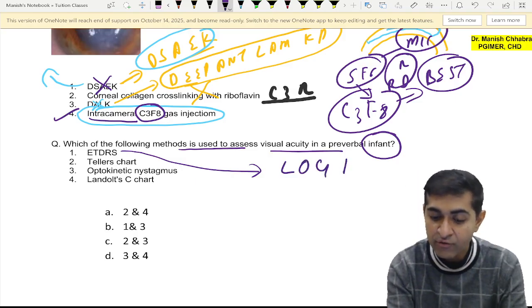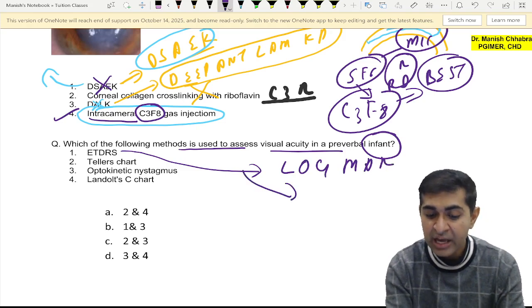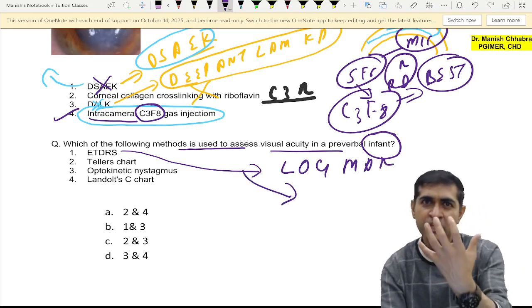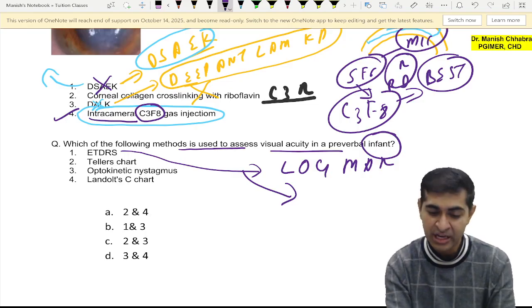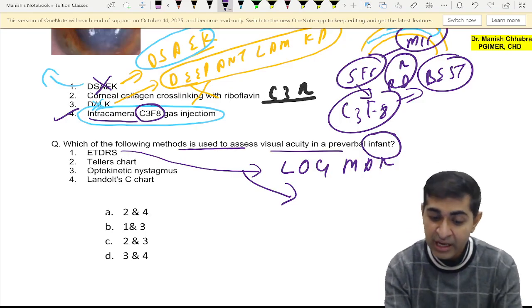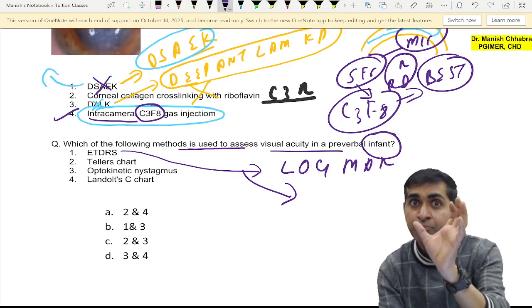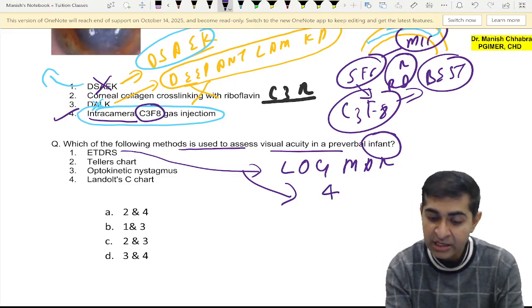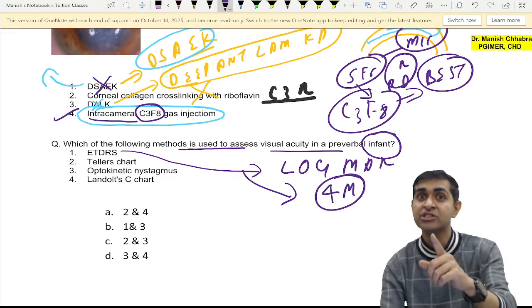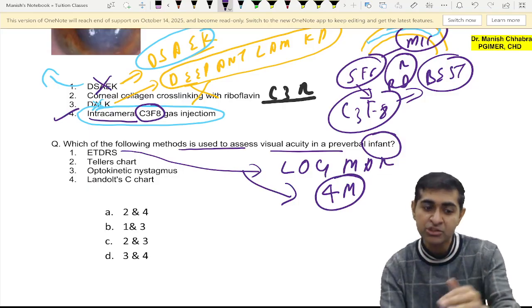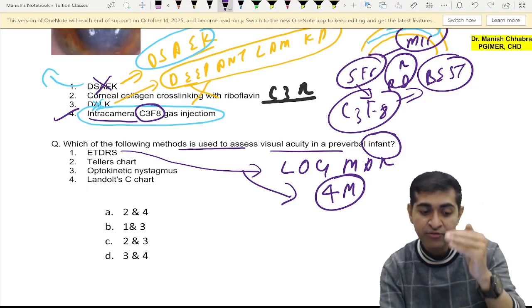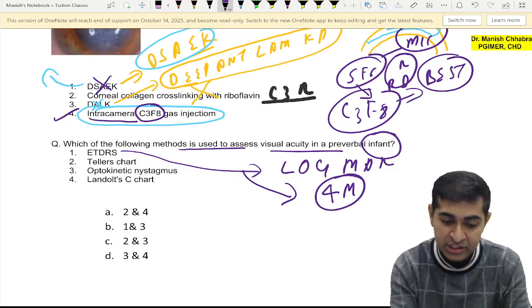This is a kind of logMAR chart, and it is usually used for scientific purposes, for doing any research work. The important point about this chart is that it is read from a 4-meter distance. Like Snellen's chart is read from 6 meters, ETDRS is read from 4 meters, right?